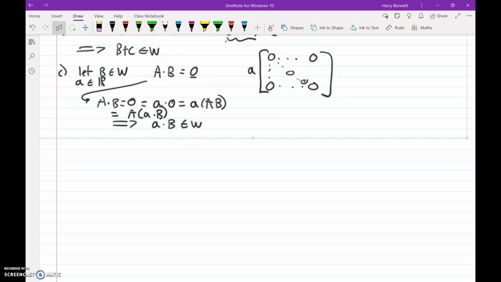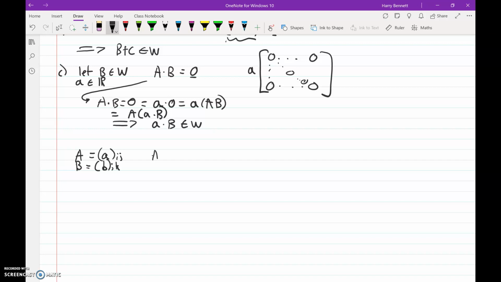A quick simple proof of, say, this commutativity would be to take matrices A with entries i, j, and B with entries j, k.